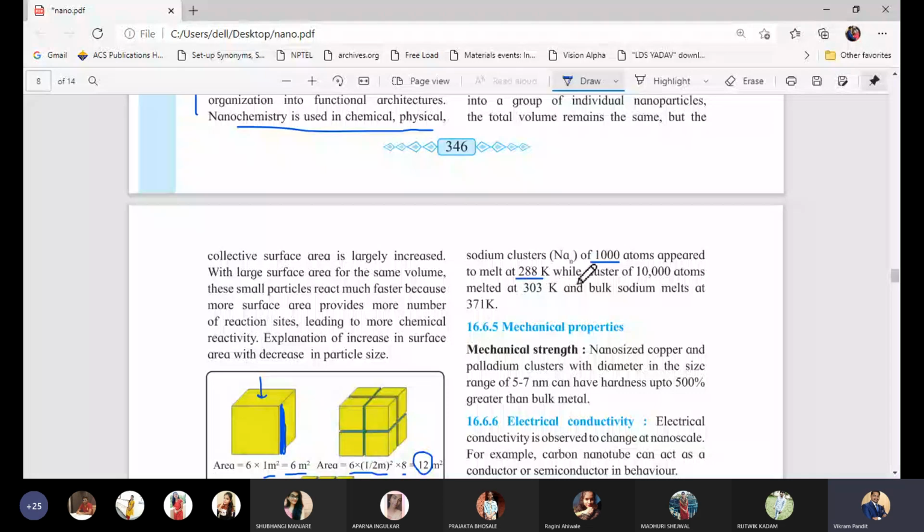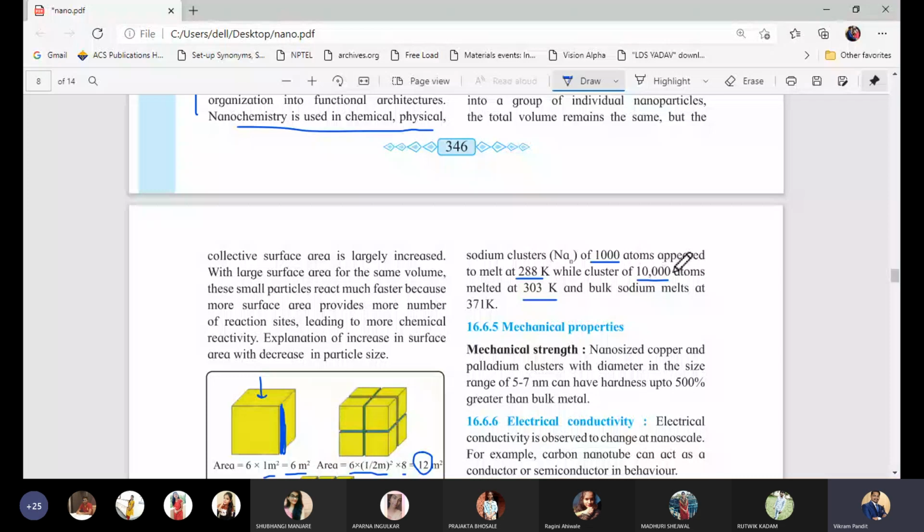But if you increase the number of atoms, its temperature also increases, and it goes on and on. So as the temperature or melting point increases, that means the size is larger. So nanoparticles have a lower, very small thermal property or melting point.